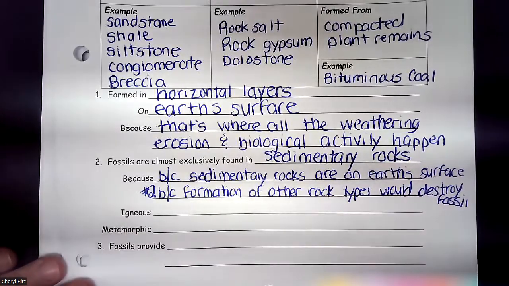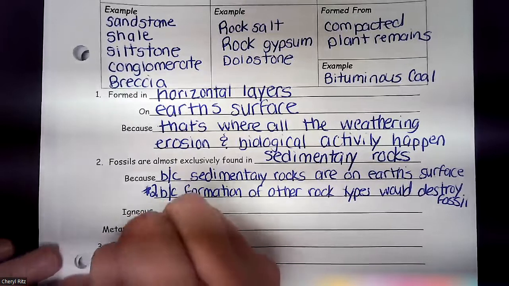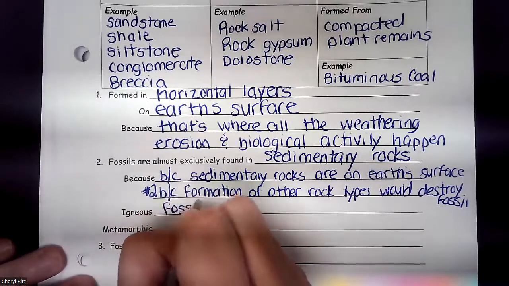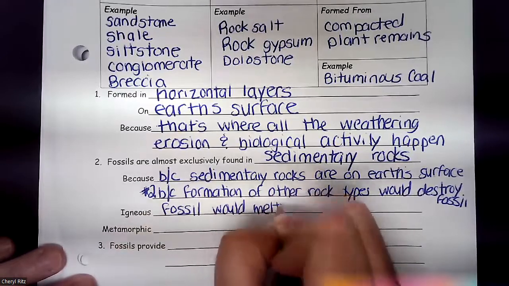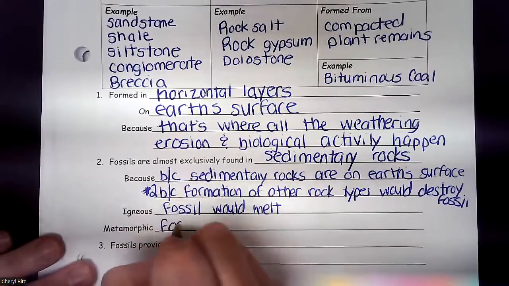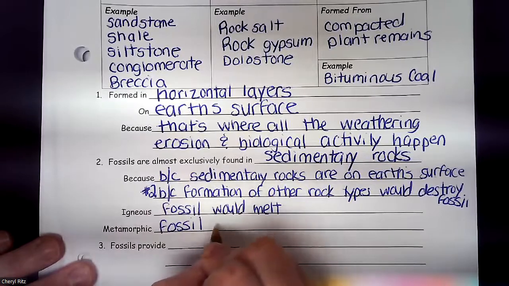For example, we already did this, igneous rocks, the fossil would melt. Metamorphic rock, the fossil would be destroyed.